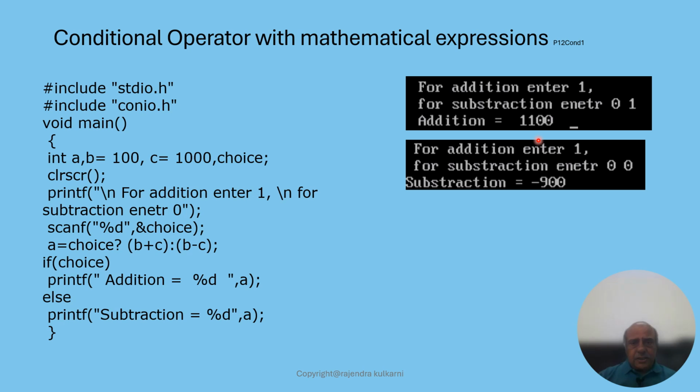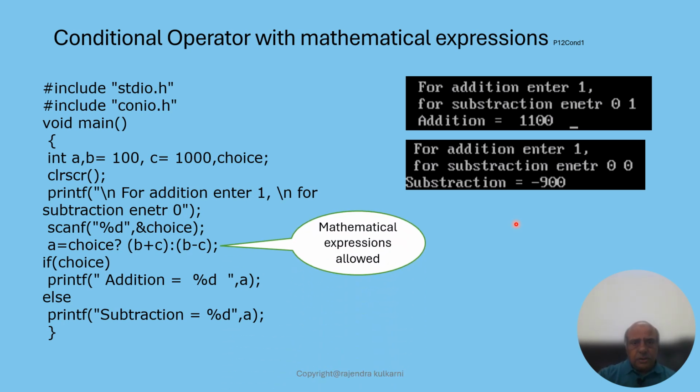In the second run, I entered 0 as my choice, and B plus C was ignored, and B minus C is executed, and the result of the B minus C execution is assigned to A, which is displayed here on the screen as the output of this program.